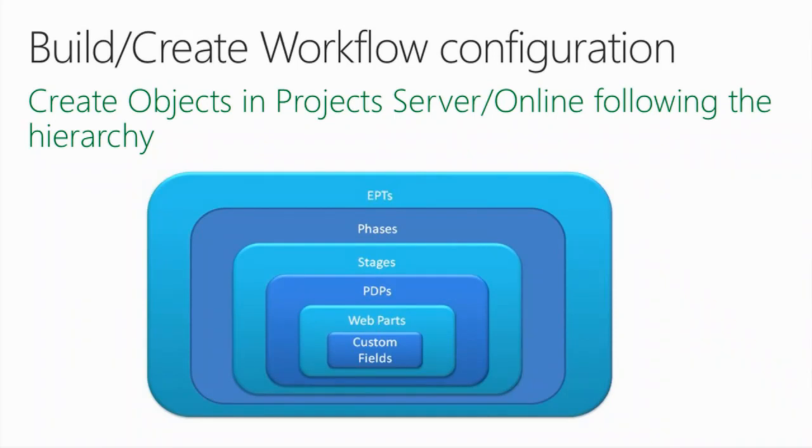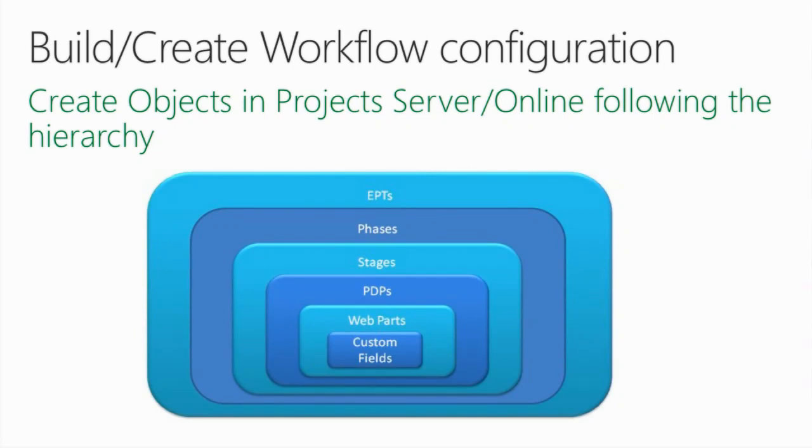So you can't create a high-level object if you haven't first created the object it's going to contain. So it all starts, as with Project Server, with custom fields. These are going to be the objects in Project Server where you're going to capture the information. And we will see later in the demonstration that when you create a custom field, you say that this custom field's behavior is going to be controlled by a workflow.